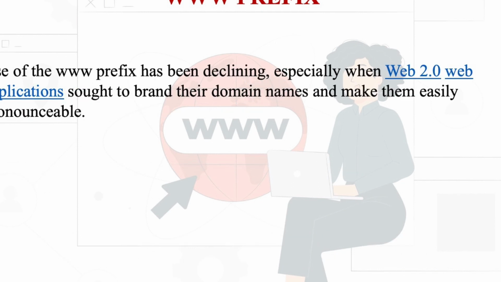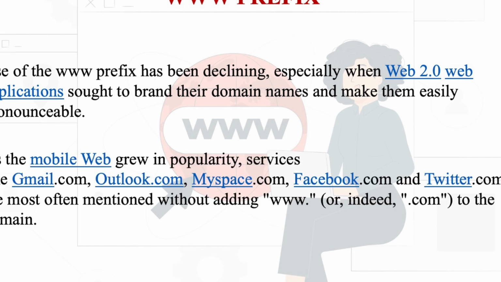Use of the www prefix has been declining, especially when Web 2.0 web applications sought to brand their domain names and make them easily pronounceable. As the mobile web grew in popularity, services like gmail.com, outlook.com, myspace.com, facebook.com and twitter.com are often mentioned without adding www to the domain.